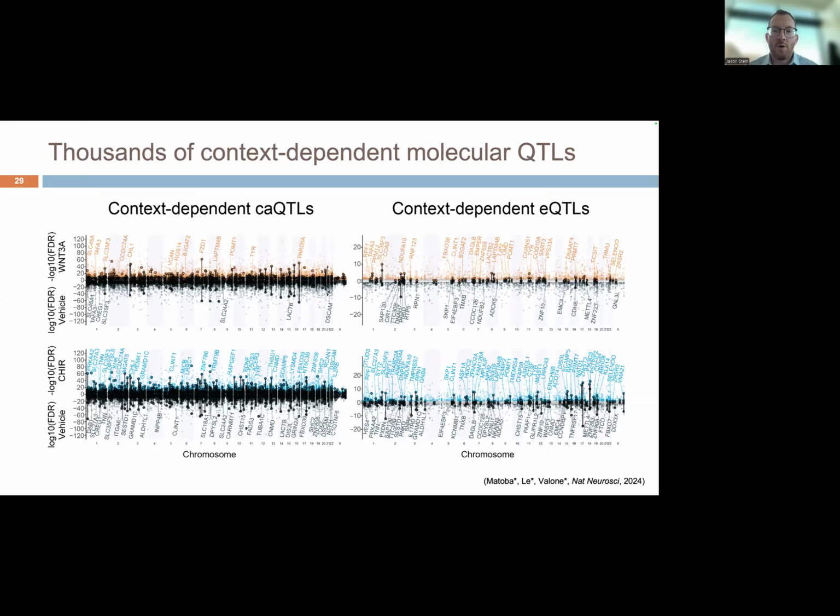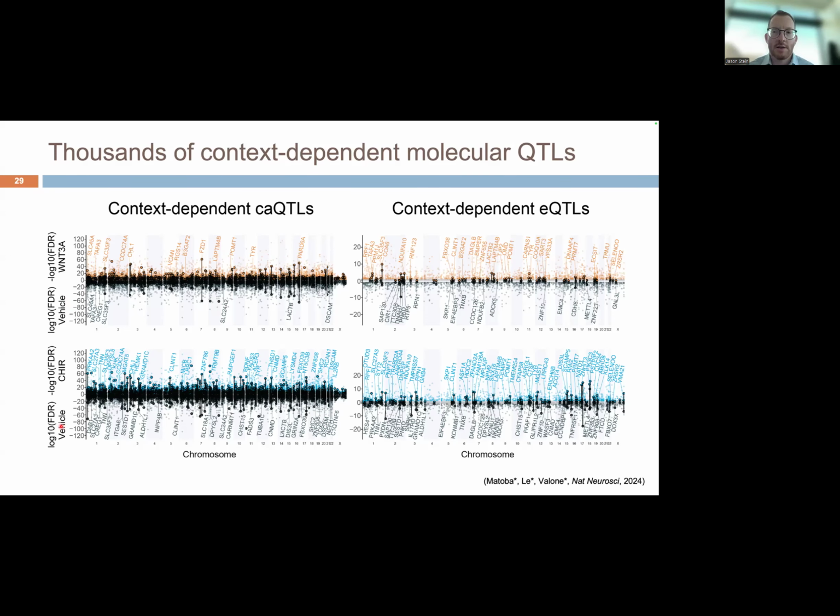So then we wanted to go on and identify specific genetic locations that were involved in regulating differences in gene expression or chromatin accessibility within the context of Wnt3A or CHIR exposure as compared to vehicle, shown here. And we identified many QTLs, so 43,000 chromatin accessibility QTLs.